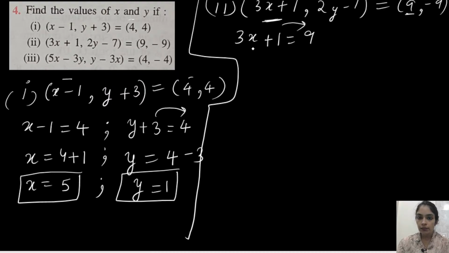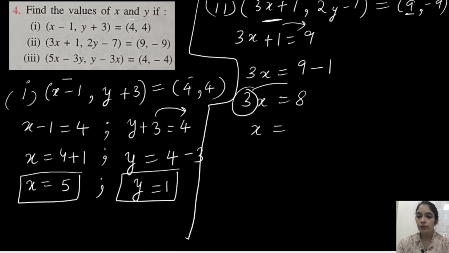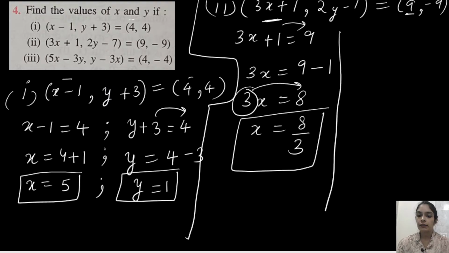One by one we'll solve it like a simple linear equation. So 3x is equal to 9. When plus 1 shifts to the other side it becomes minus 1. So 3x is equal to 9 minus 1, which is 8. So x is equal to, now this 3 we will shift to the other side. When we shift 3 to the other side, it gets divided. So the x value is 8 by 3.